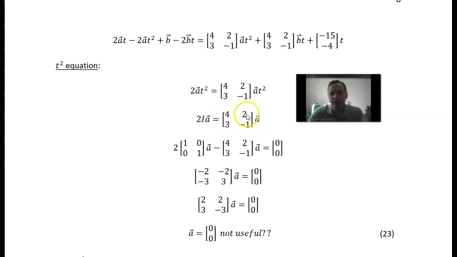Well, if we subtract this matrix over with a minus, what's left on the right-hand side should be 2 rows, 1 column, namely the 0 vector of that size. When we multiply 2 in here, we have 2's in the main diagonal, minus the matrix 4, 2, 3, negative 1. We should get this. That's negative 2, negative 2, negative 3, 3. We can multiply everything by negative 1, switch the sign, there we go.